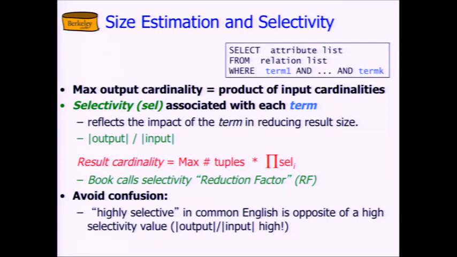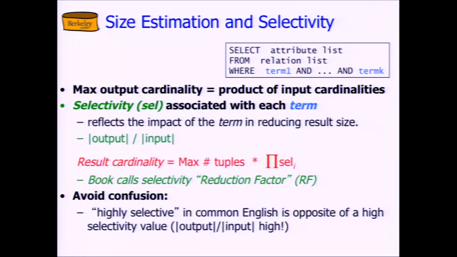Each term in the where clause, each of these outer conjuncts, where the where clause is term 1 and so on through term k, we'll call those terms. Each one of those terms has a selectivity that we want to estimate. We're going to assume the terms are independent and multiply their selectivities together to get the selectivity for the whole query.